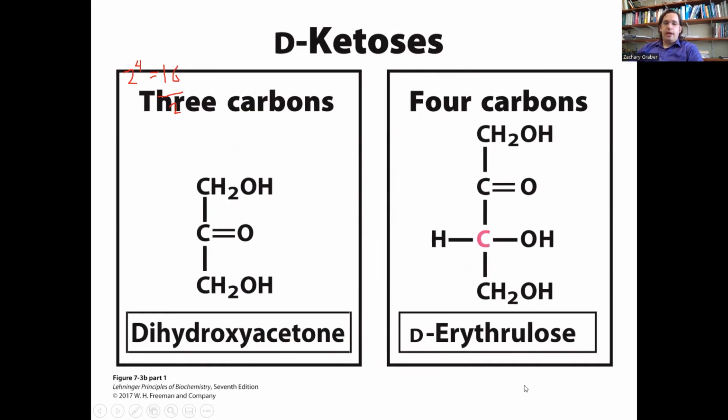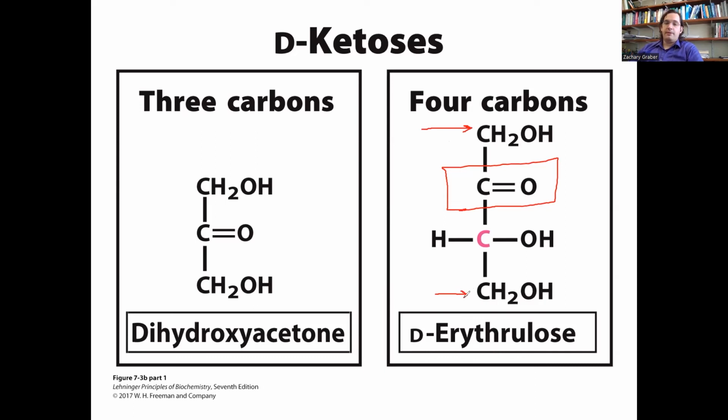Now let's take a quick look at our ketoses. So our ketoses will actually have fewer possibilities for stereoisomers compared to our aldoses. And that's because as soon as we put our ketone in the middle of our sugar, it actually reduces the number of chiral centers that we have, right? Our carbon at the top is not a chiral center because it has 2 hydrogens.